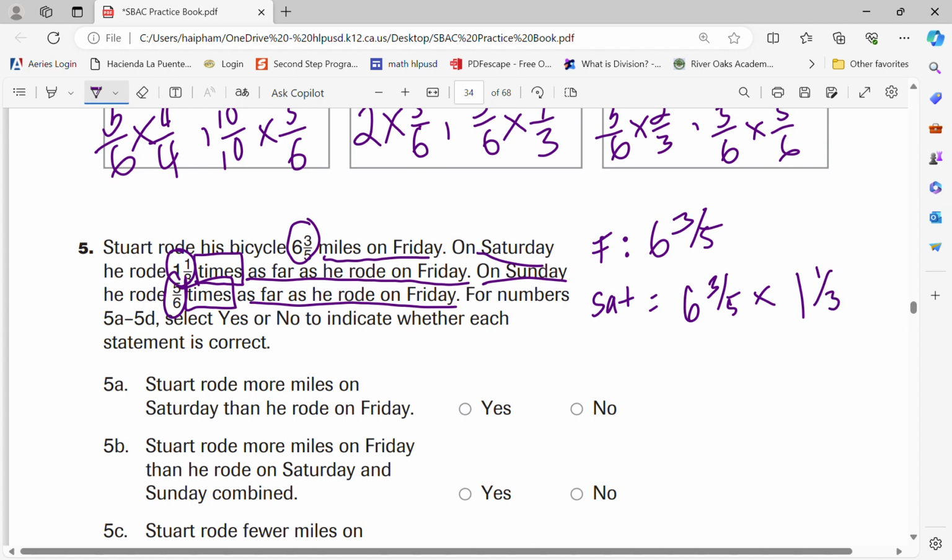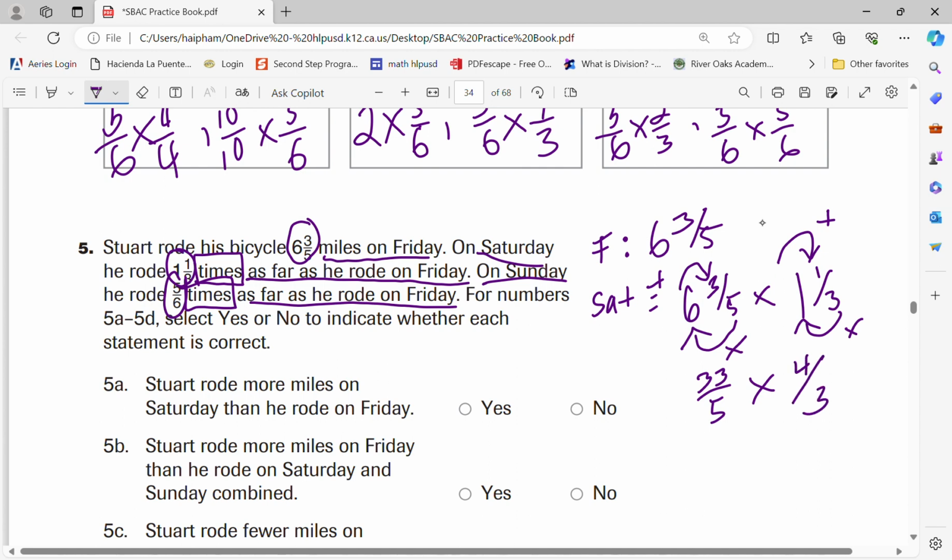Let's go ahead and multiply to determine how far he rode on Saturday. First, we need to convert our mixed number into a fraction. First you multiply, then you add. 5 times 6 is 30, plus 3 is 33/5. Next, we have 1 times 3, which is 3, plus 1 will give me 4/3.